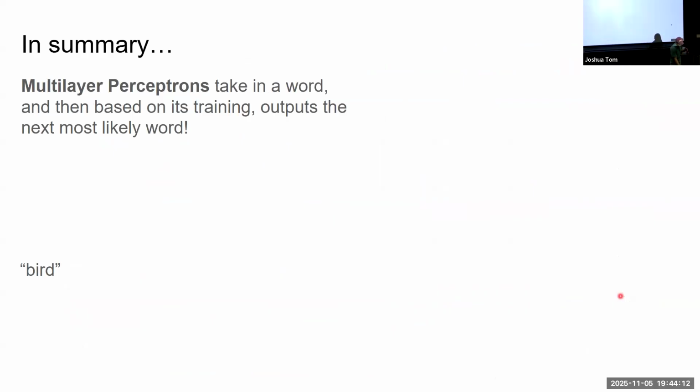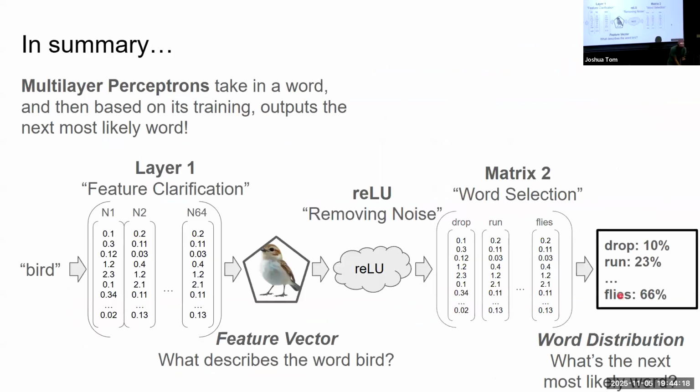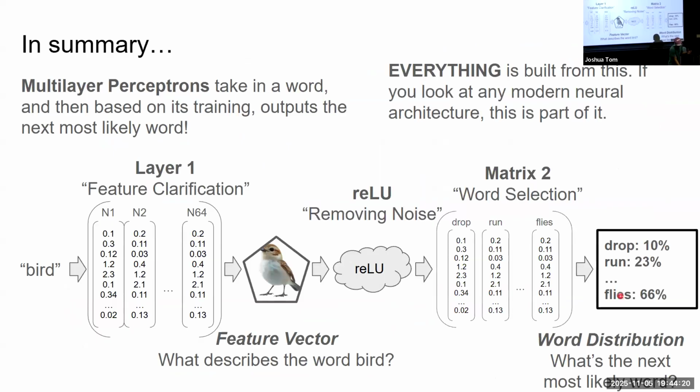So yeah, take the word, run it through feature clarification. That's like the description, remove some noise, choose the word, and then we get the distribution. Everything, I mean that, everything is built from this. The idea of taking an input, checking it against others, and just repeating that over and over again until we get through all of those checks, and somehow there's an output that we want.